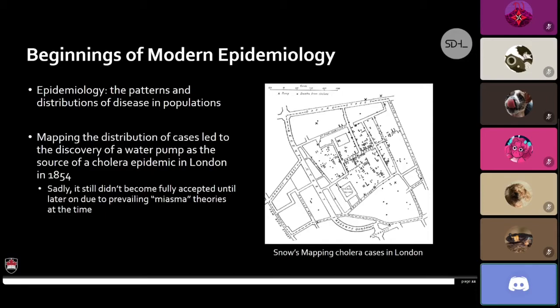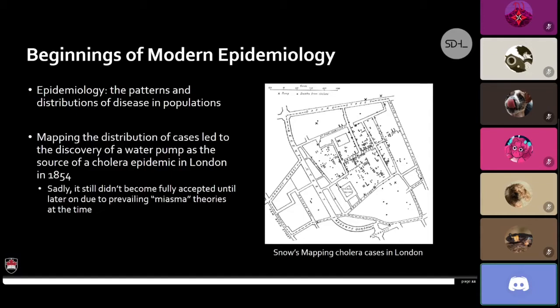This idea of looking at the patterns of disease started in 1854 with John Snow, and you can see the map on the right here, who was mapping cholera cases. Cholera is a waterborne illness.